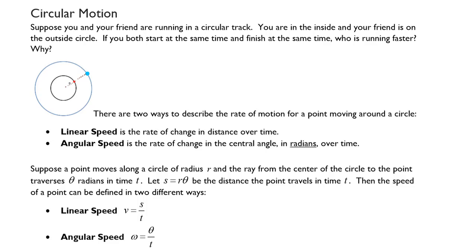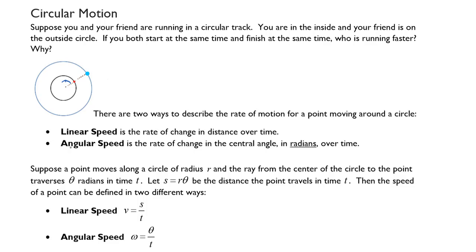Now, how fast you're going, that's a different story. But the fact that you're both maintaining the same angle says that the person on the outside has to work harder to keep up.